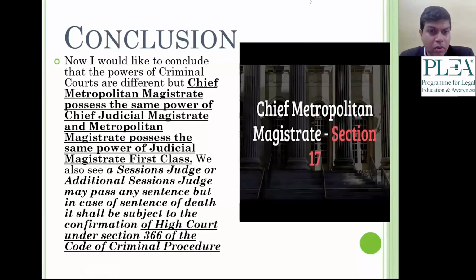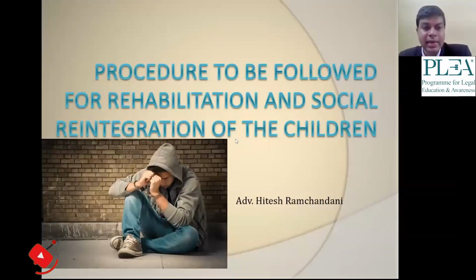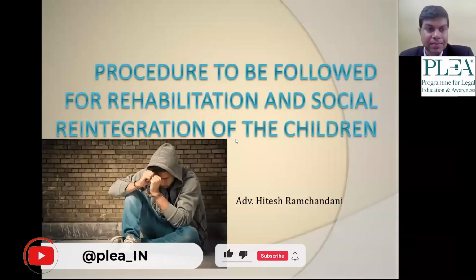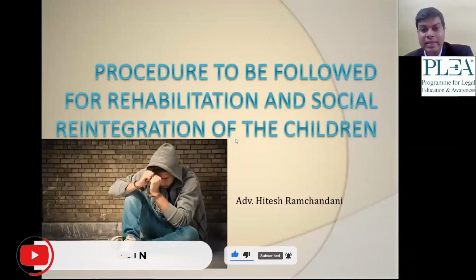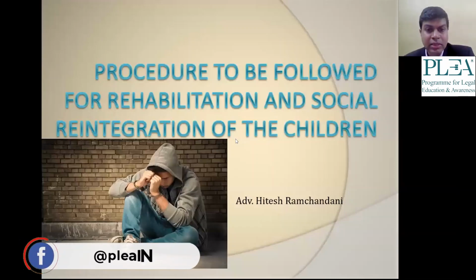Now, going to another topic, that is procedure to be followed for rehabilitation and social reintegration of children. The core principle of the Juvenile Justice (Care and Protection of Children) Act 2015 is reform and recovery, not punishment.